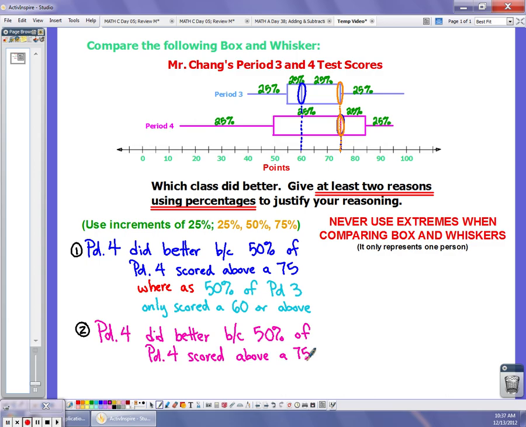And then I'm going to put in that transition word again, whereas, because we're doing a comparison, only 25% of period 3 scored above a 75.